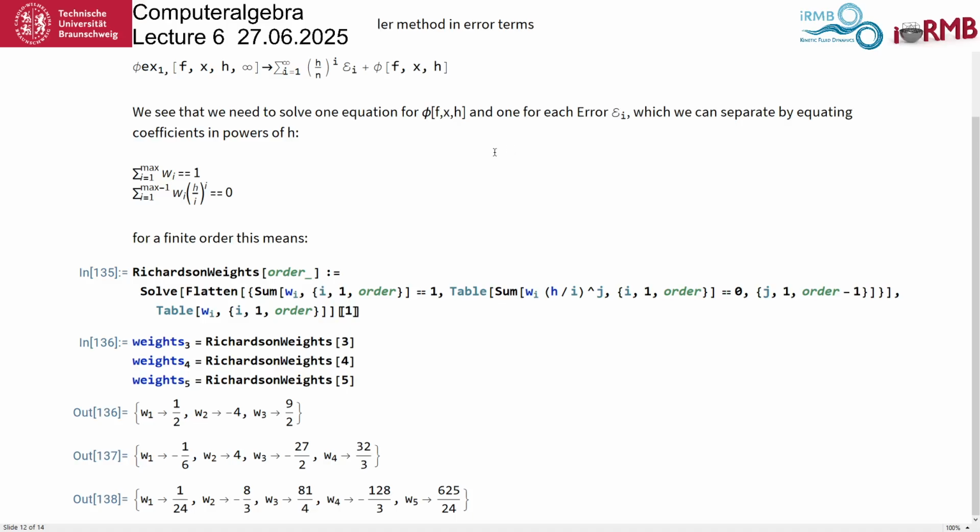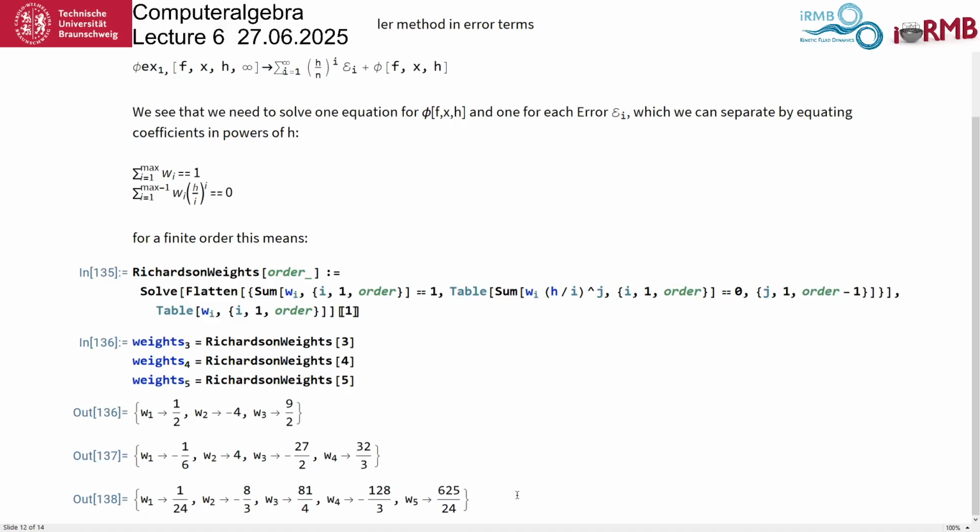So this is what I said in the beginning: do something stupid. Use the lowest order method that you can have, and then we have methods like this one to get to any order that you want. So, for example, going to third order, we get these weights, then this would be fourth order, and this would be fifth order.